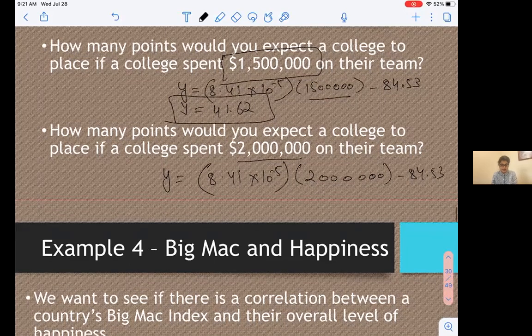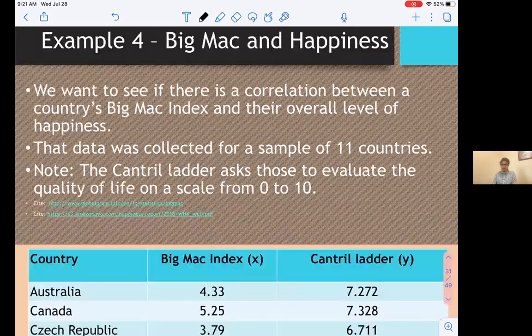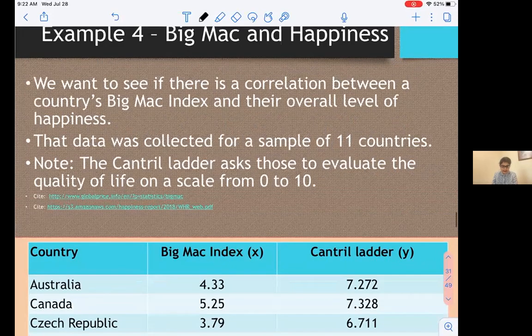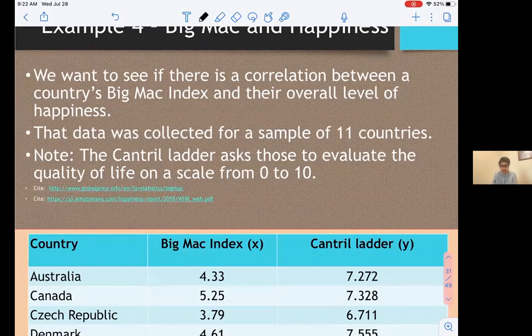In the next example, the Big Mac and happiness, what we want to see is if there is a correlation between a country's Big Mac index and their overall level of happiness. The data was collected for a sample of 11 countries.